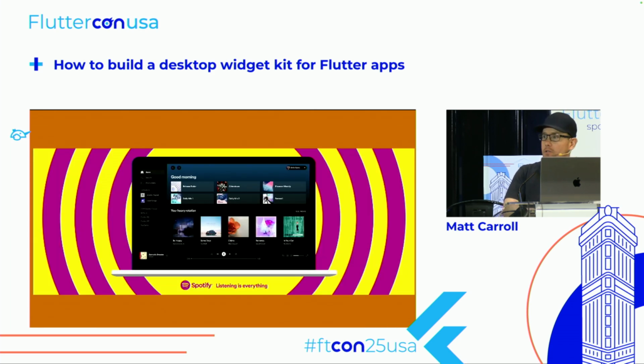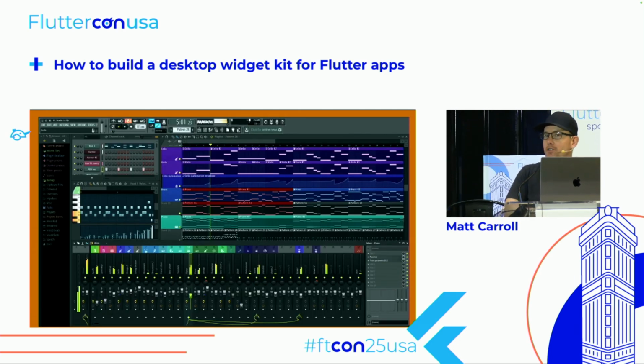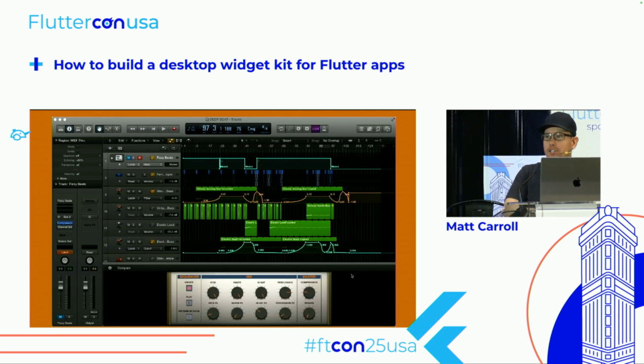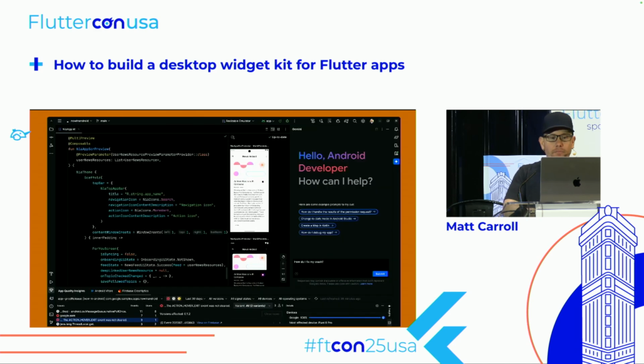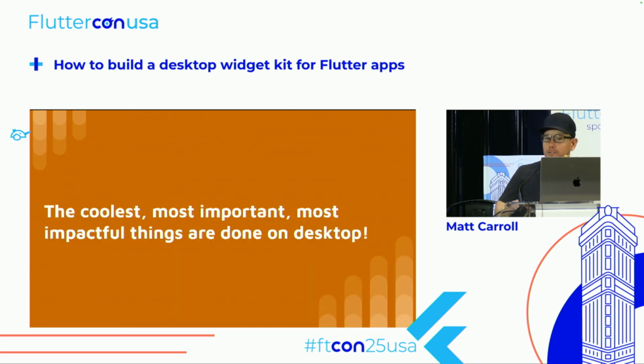We listen to music with Spotify, and then maybe some of us create music with Ableton, or FL Studio, or Logic Pro. And of course, we all code with either Android Studio or VS Code. All of those things happen on desktop. The coolest, the most important, and the most impactful things we do still happen on a desktop computer.